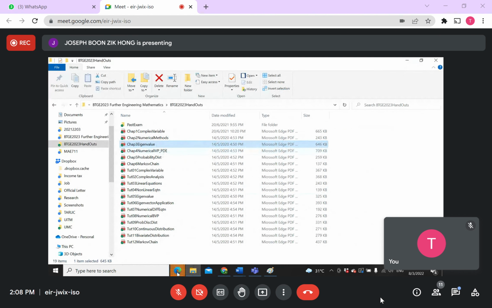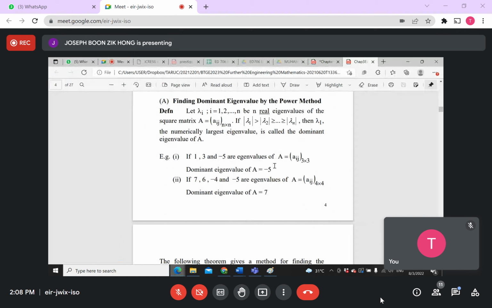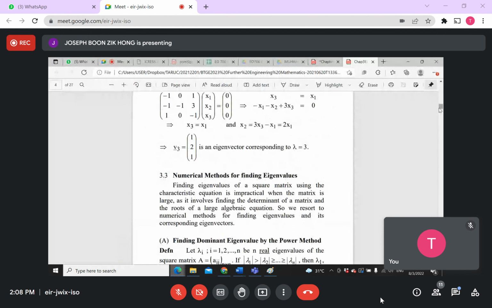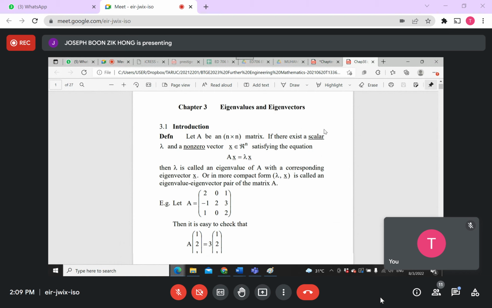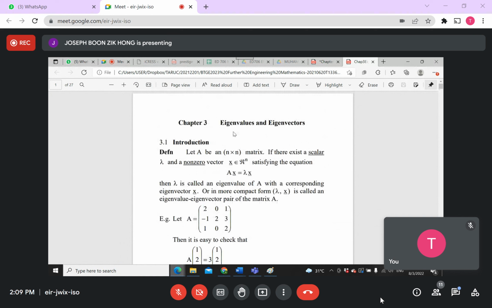So just now we had done chapter 2, and next we will do chapter 3. But for chapter 3, I think I will stop here. Just for your info, in chapter 3 we will need to calculate the eigenvalue and eigenvector. Is this your first time solving eigenvalue and eigenvector, or did you see it before?